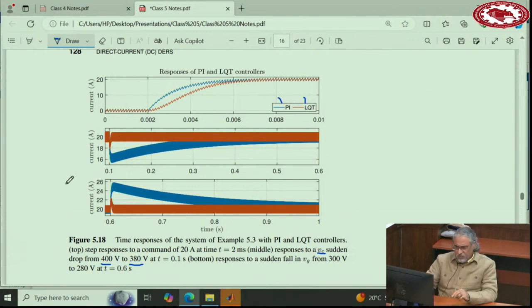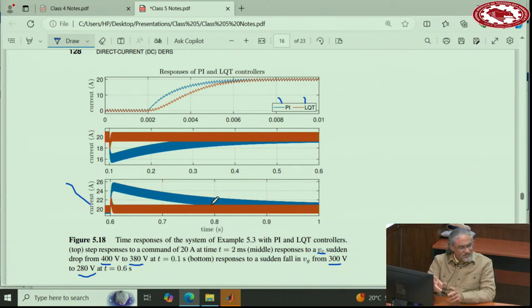This one is the case where the voltage on the right side changes from 300 to 280. So again, the optimal controller has a very strong and robust response, but the other one takes a long time to come back.